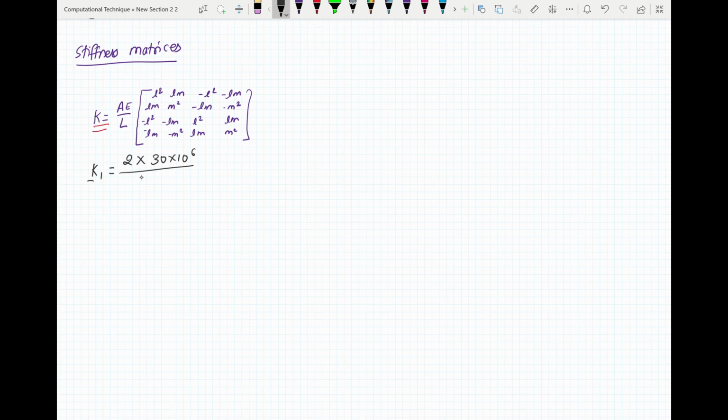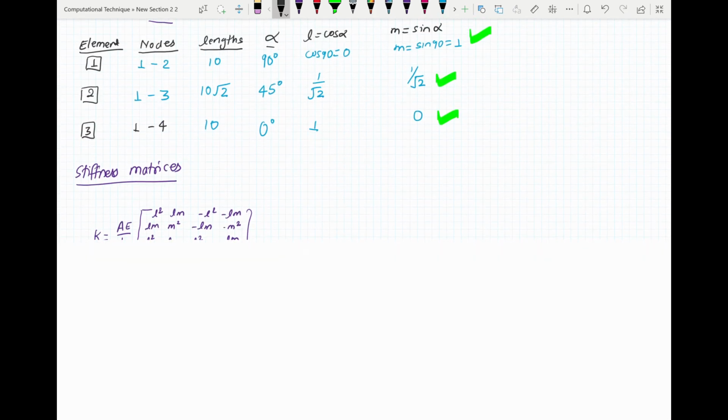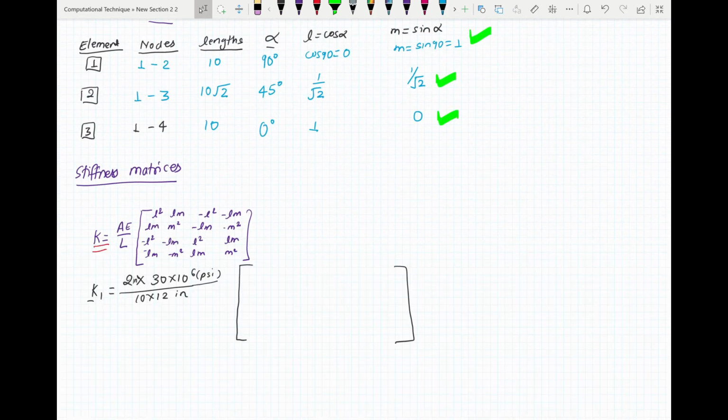You have to change that to inches because E is in psi and A is in inches square, so your length must be in inches, so it will be 10 times 12 inches. Then you have to put the values of L square and LM in this matrix for your element number 1. So here we have L equals 0 and M equals 1.